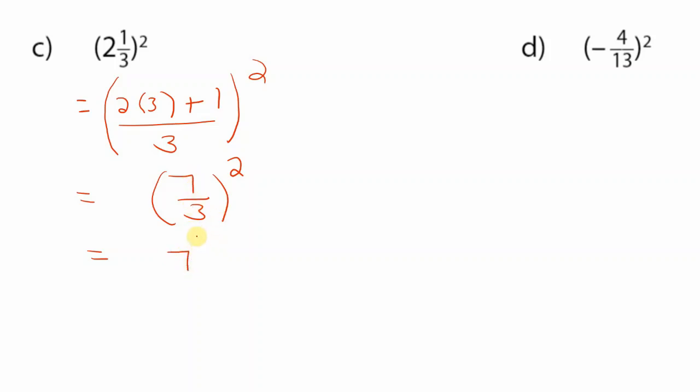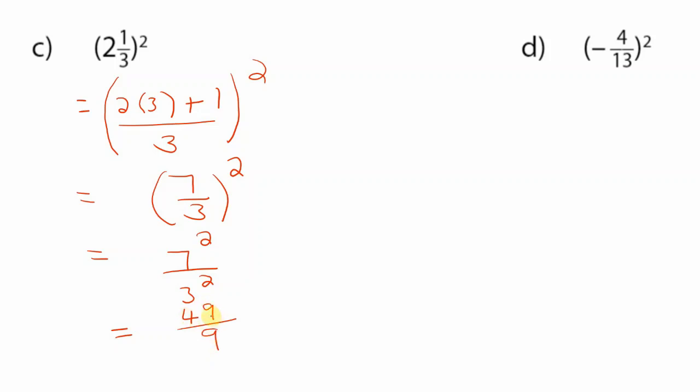So we have 7 squared over 3 squared. So 7 times 7 is 49 and 3 times 3 is 9.